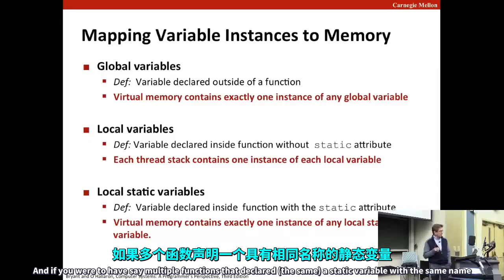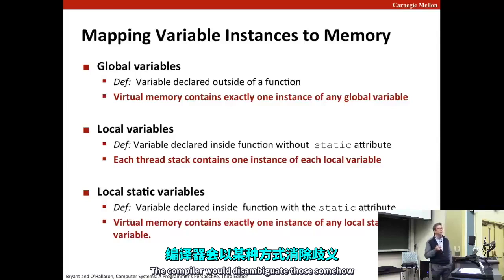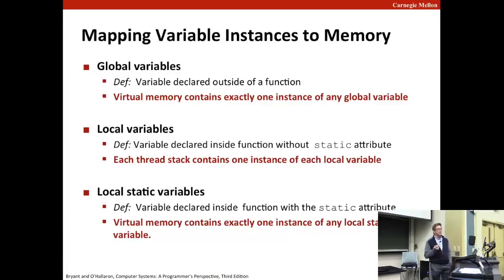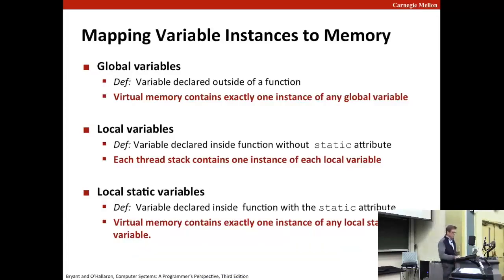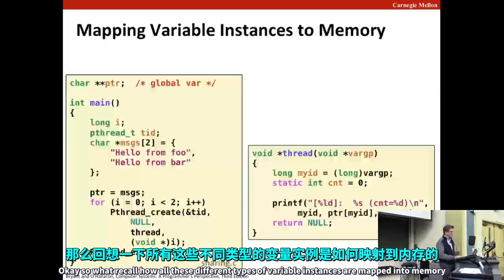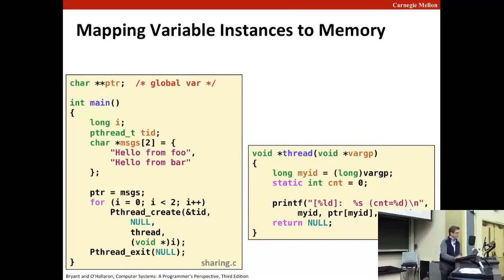And if you were to have multiple functions that declared a static variable with the same name, the compiler would disambiguate those somehow. It would make that name unique.